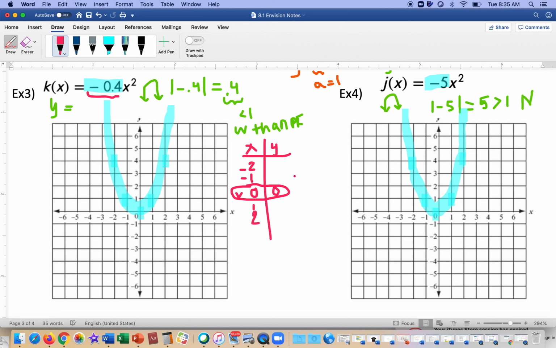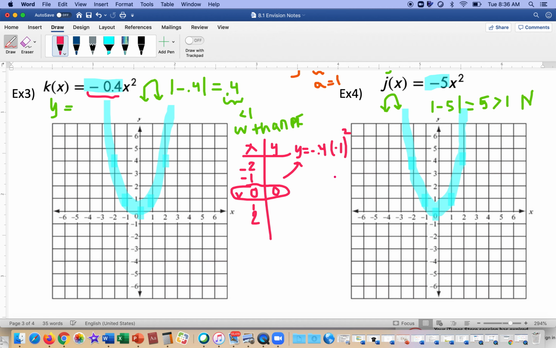So for this first one, y equals negative 0.4 x squared, and I'm going to do negative 1. If I choose to plug in negative 1, don't forget to do order of operations.